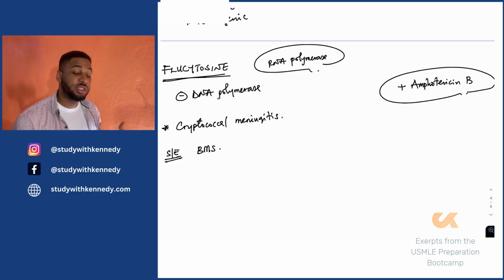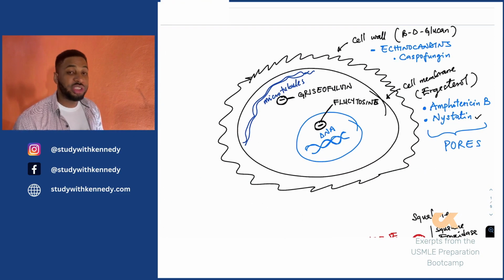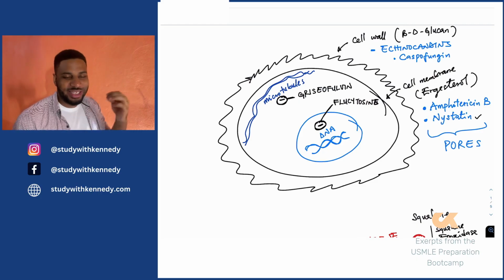If you remember all of these, you know antifungal drugs. Once again, go back to the beginning. We inhibited the cell wall with echinocandins, caspofungin. We inhibited the cell membrane. We made pores with amphotericin B and nystatin.